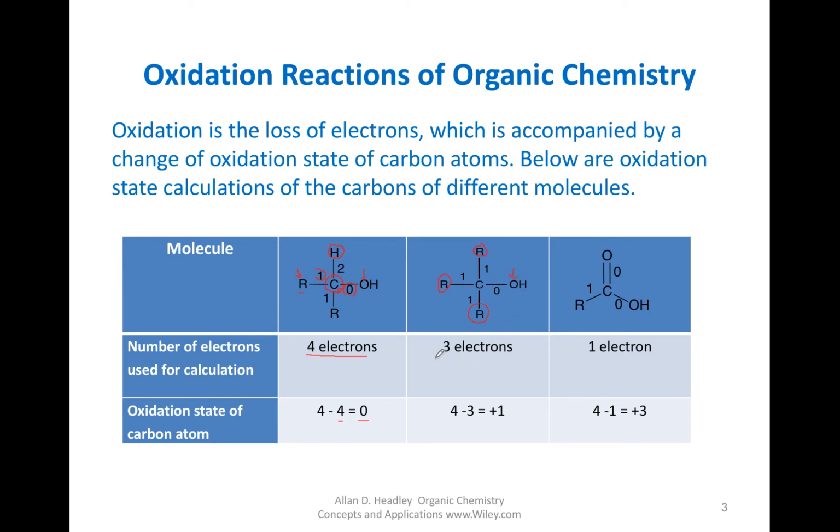So the number of electrons that are used for calculation would be 3, and of course 3 from 4 is plus 1, so therefore that is a plus 1 oxidation state. We can do the same here. Oxygen, more electronegative, oxygen, more electronegative, 0 and 0, alkyl group, 1. So the number of electrons associated with this carbon in terms of the calculation of an oxidation state is 1. And of course 4 minus 1 is 3, so the oxidation state here is plus 3.